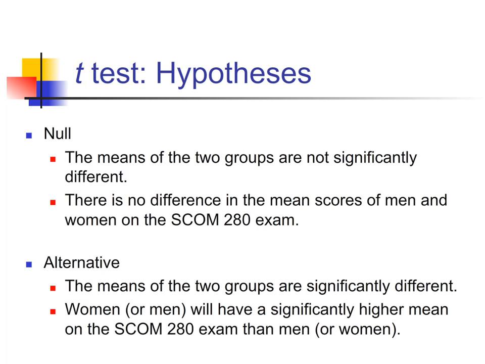You might want to take a second to try and figure out the alternative hypothesis. If you suggested something along the lines of men will score lower than women on the SCOM 280 exam, or men will score higher than women on the SCOM 280 exam, you would be correct.